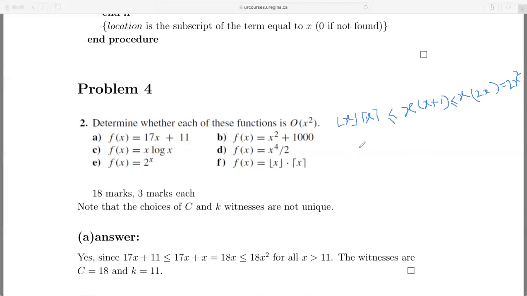So you have found c equals 2, and in this case it will be satisfied when x is greater than 1. So you can choose k equals 1. So that's it. I hope you understand. Thanks for watching.